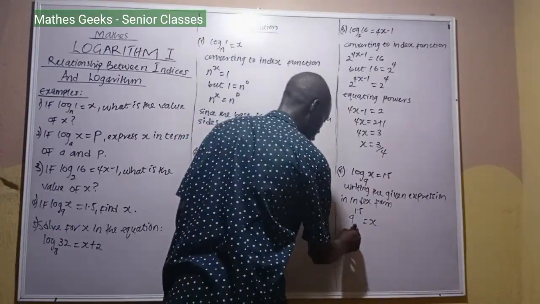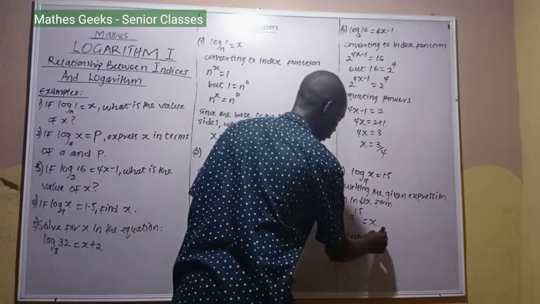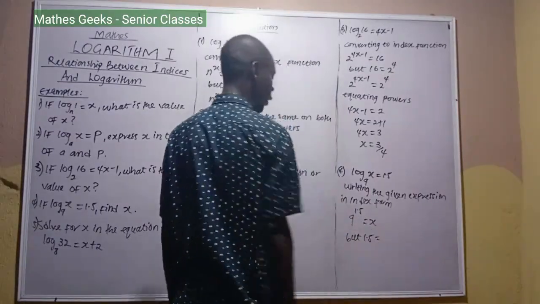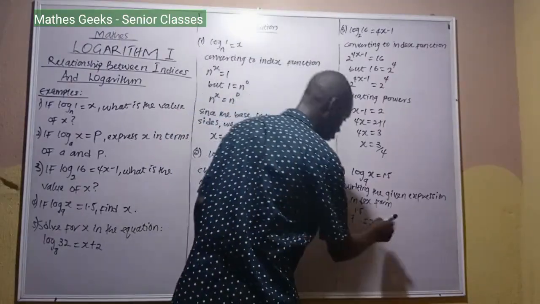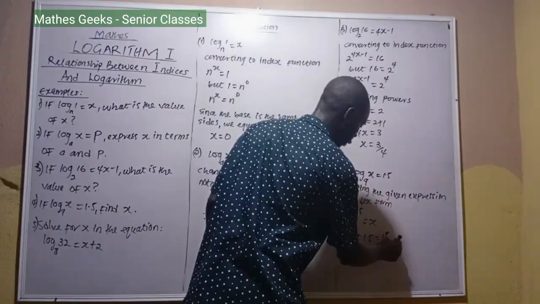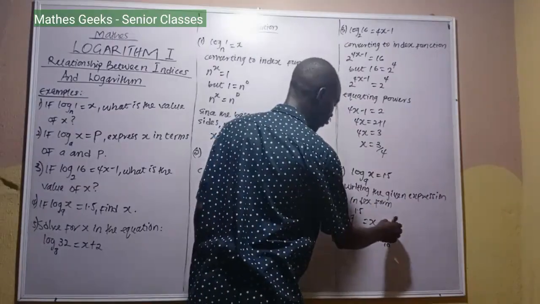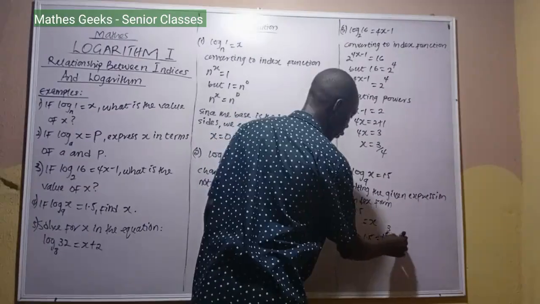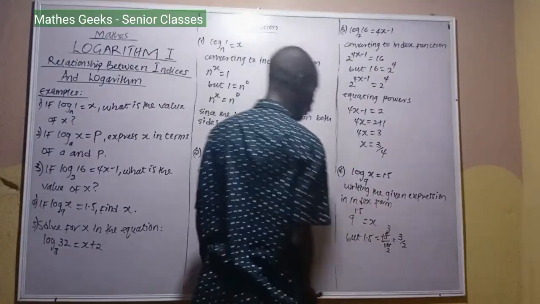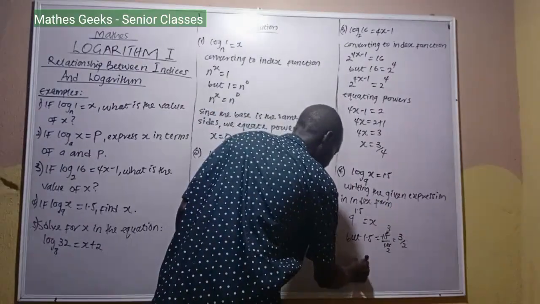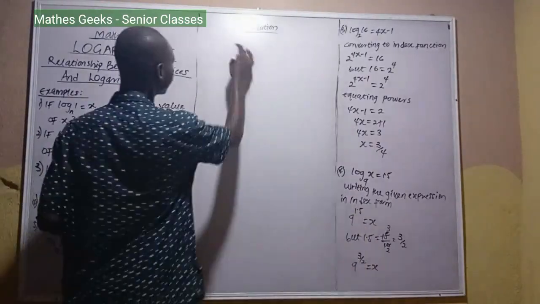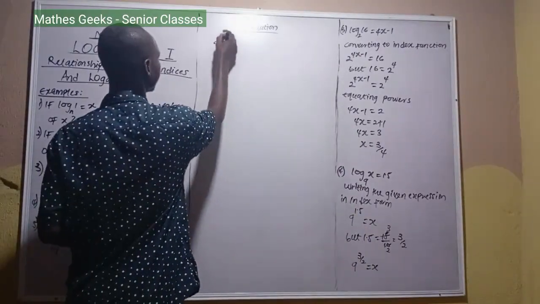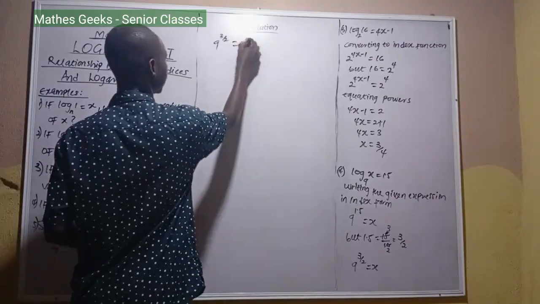But 1.5 is a decimal number, and the equivalent of it is 15 over 10. Dividing by 5, that's 3 over 2. So 9 raised to 3 over 2 is equal to x.